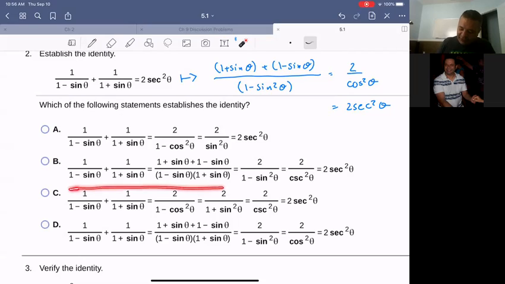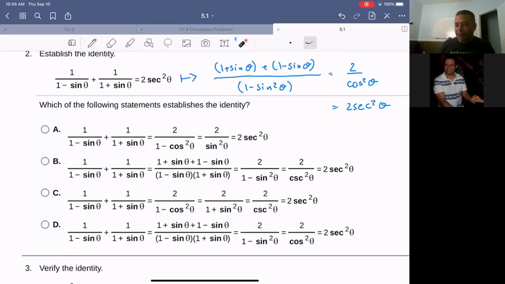Here, that's this step. Well, I could have had that, but that's fine. This, yeah. Oh, no, that's wrong. Third one, 1 plus sine theta, 2, nope, that's definitely wrong.